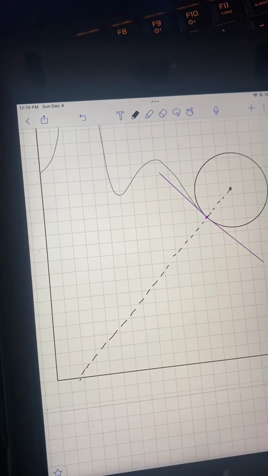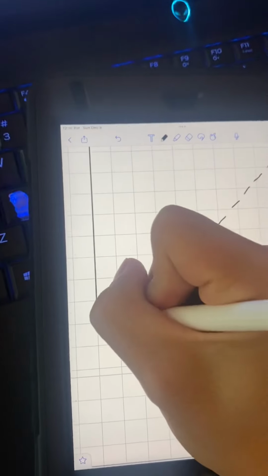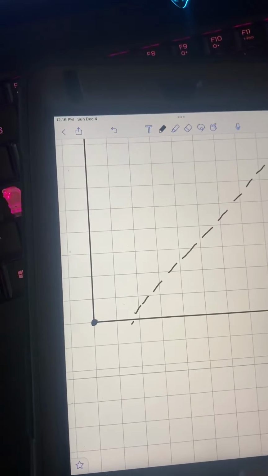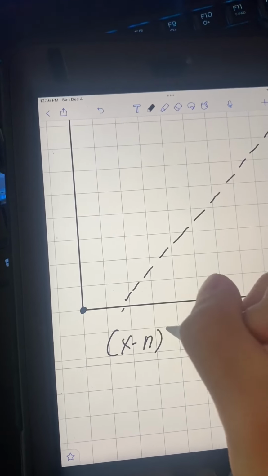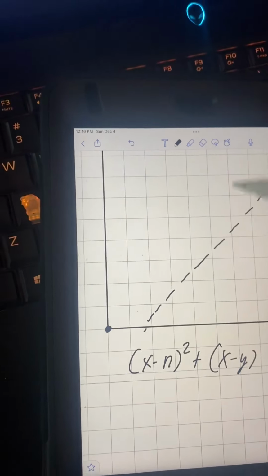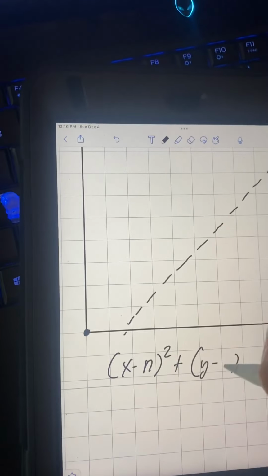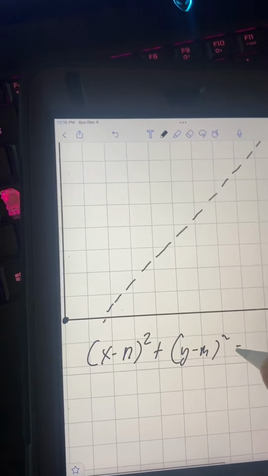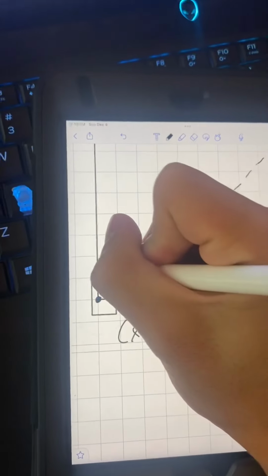So if we start with our circle, if you type into Desmos r squared, or I think it's just r, if you just write your basic circle equation, x minus a number squared plus y minus another number squared is equal to r squared, that's your basic circle equation. That'll be at the origin, right?